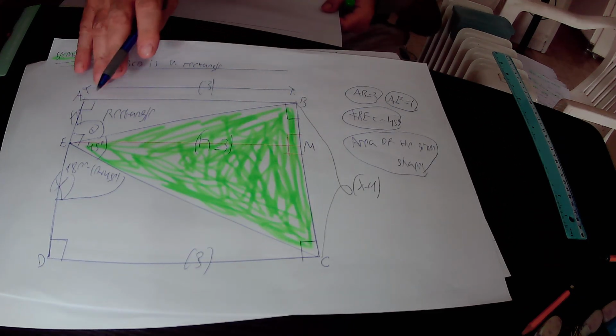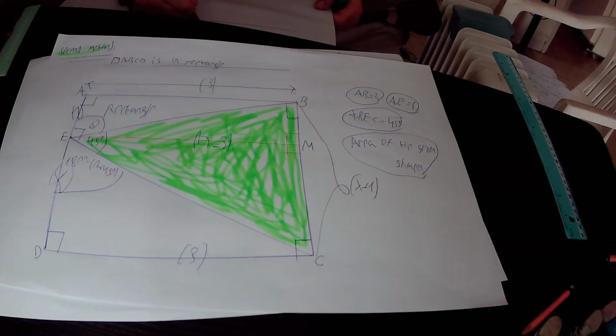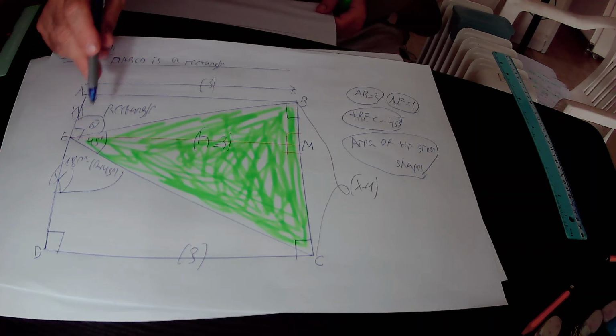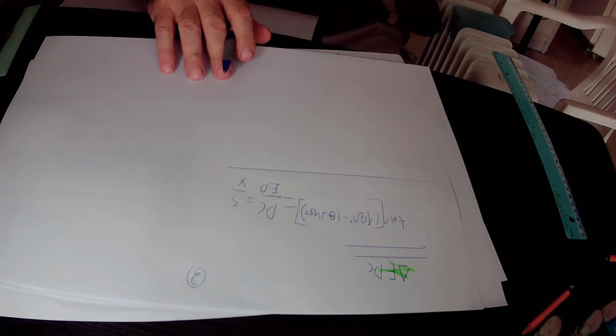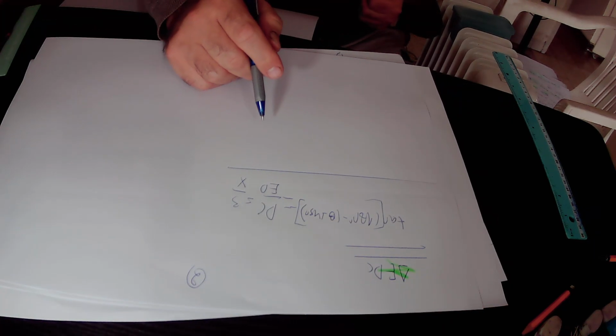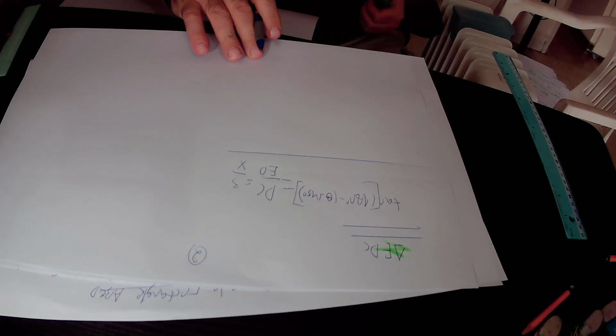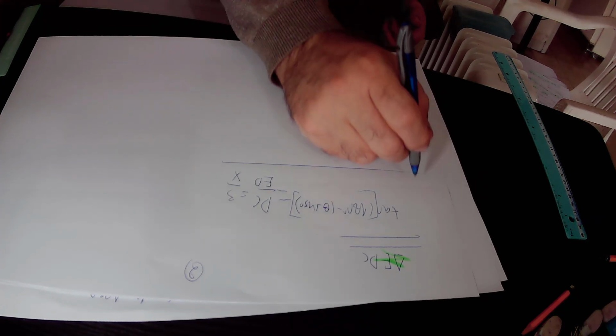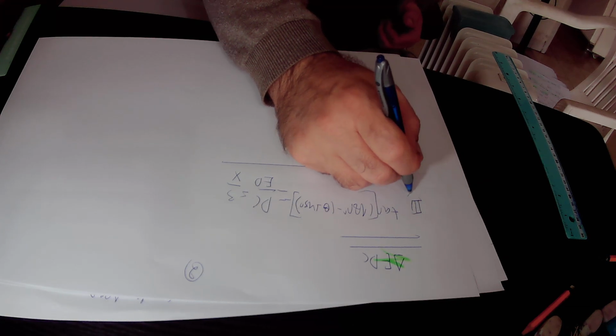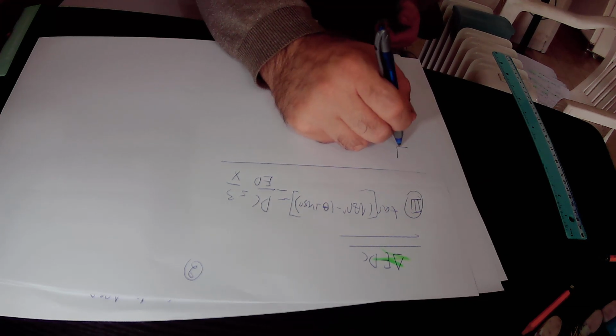DC is 3 over AD, and AD is x. So in total, the tangent of 180 degrees minus the quantity theta plus 45 degrees equals 3 over x. This is equation 3.